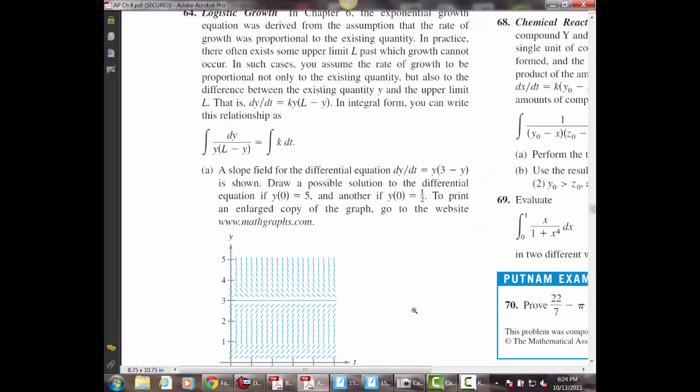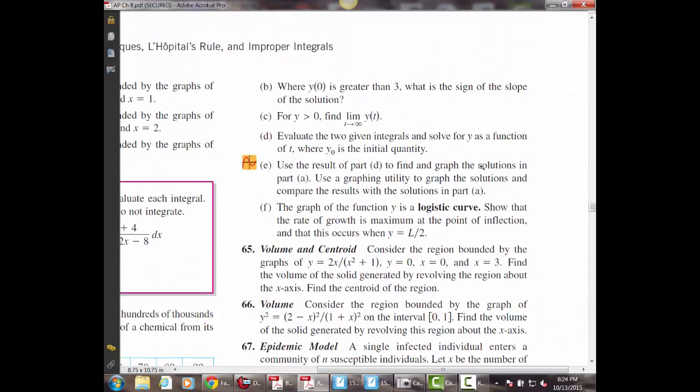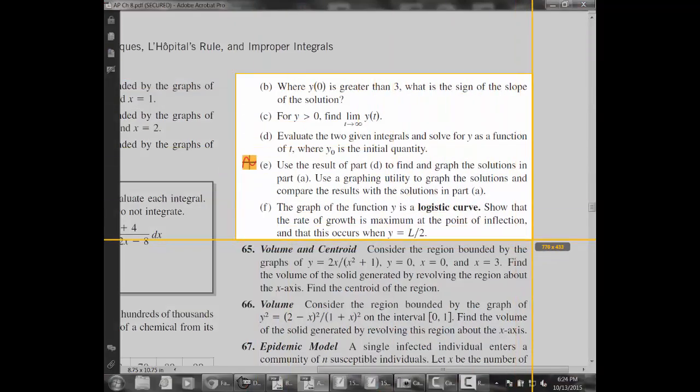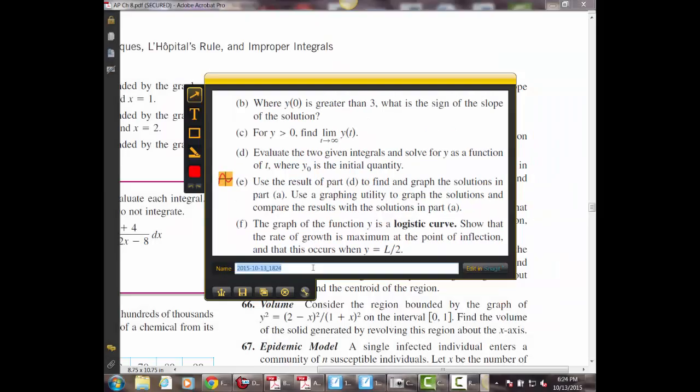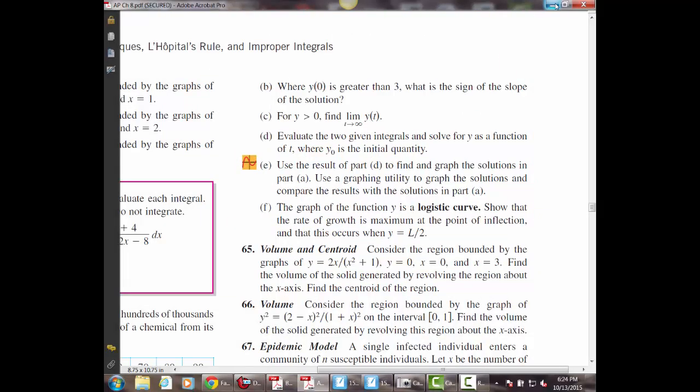Okay, so that was part A, and here's part B. So let me actually put these questions right here for you. Ooh, that's not going to work. Take it back.